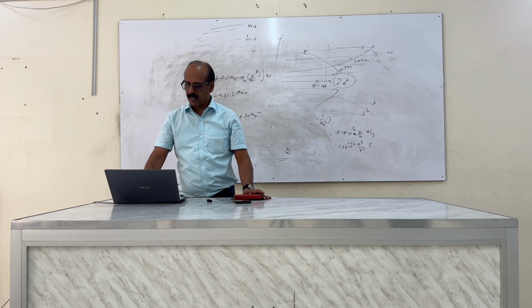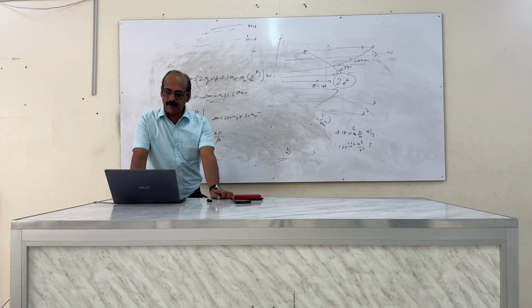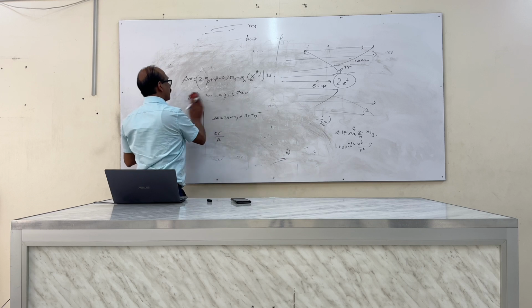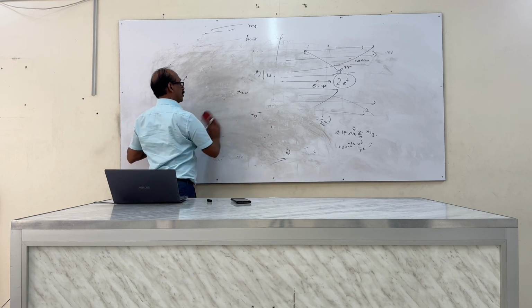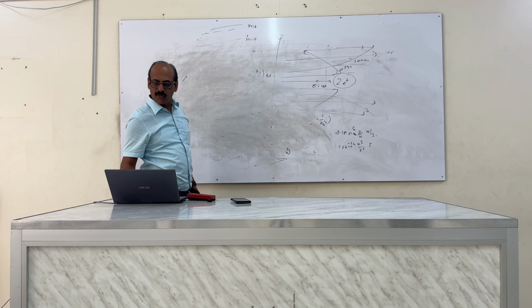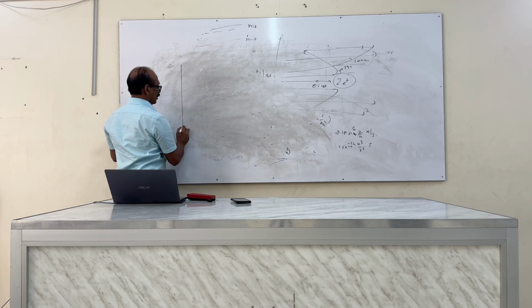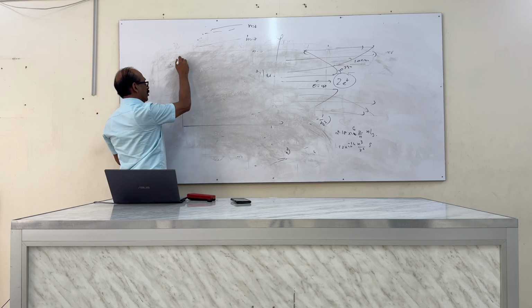Then the most important one, page number 444. A very frequently asked question: the graph between binding energy per nucleon and mass number. This is the way you have to plot it, page number 444, old textbook. You can see that. Okay, look here. This is the way the graph is to be plotted.